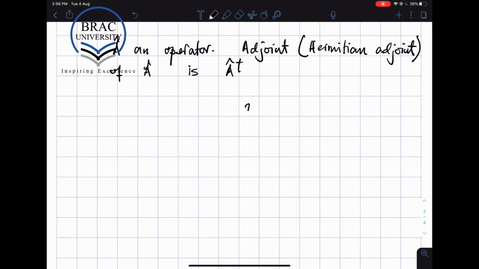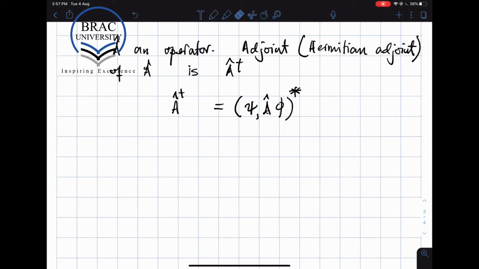If I take two wave functions, psi and phi, and I apply the operator A on phi and take the inner product, and if I then take its complex conjugate, then we get a number, a complex number. Now we can find another operator, which I called A dagger.